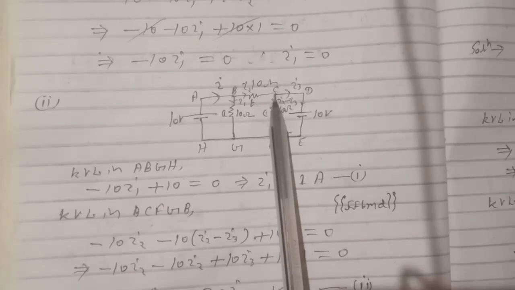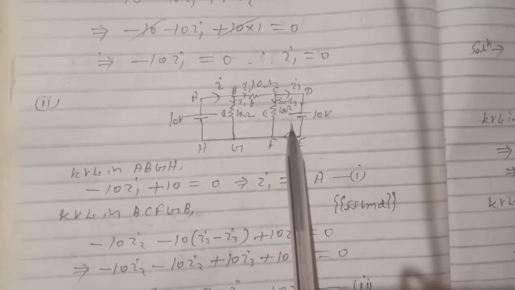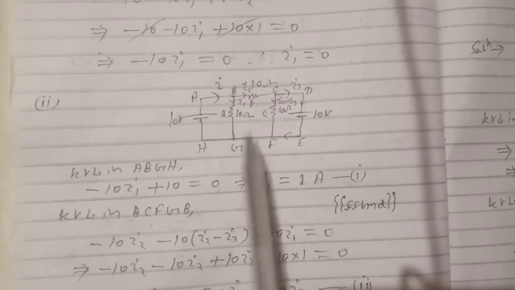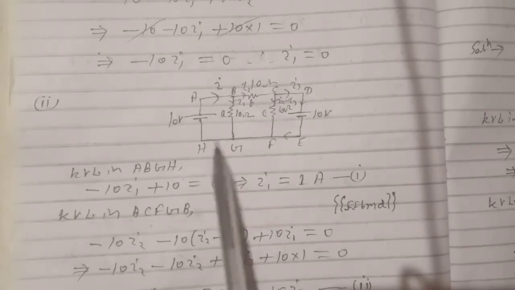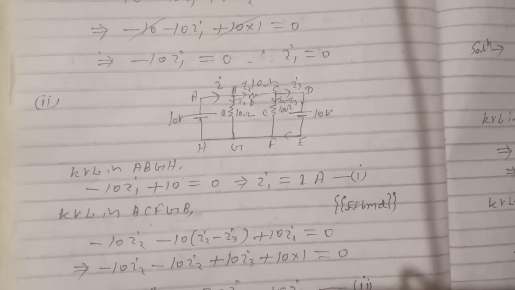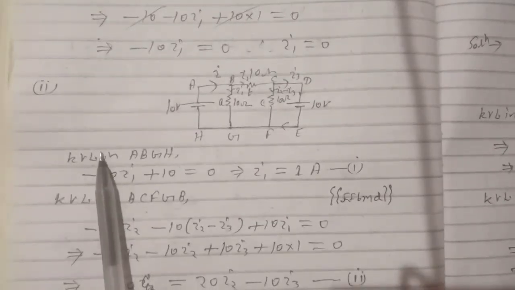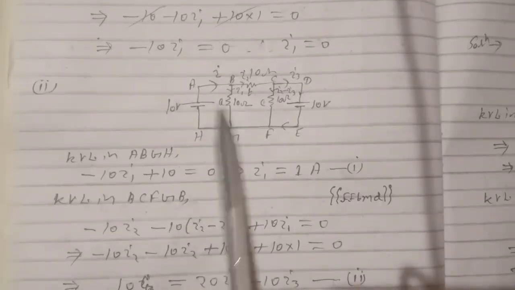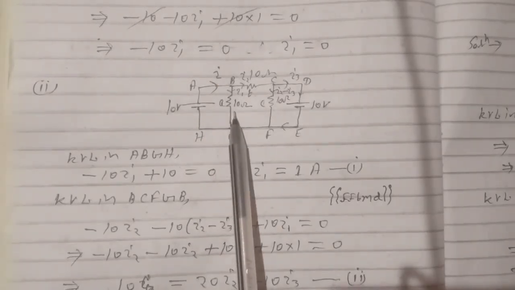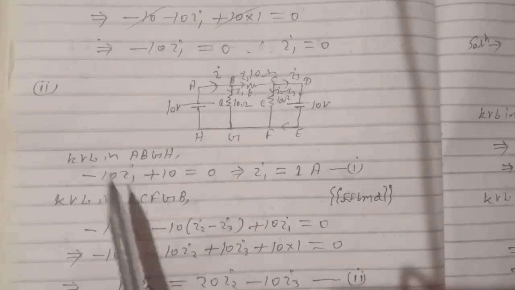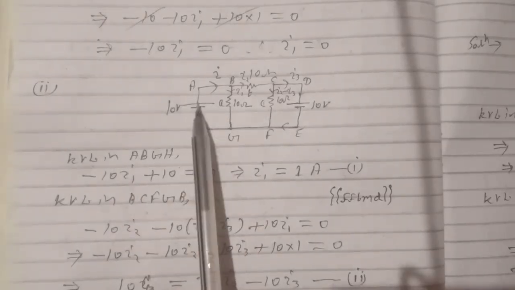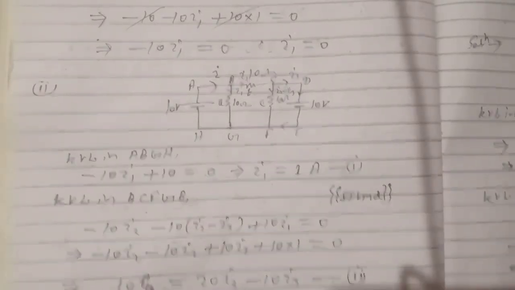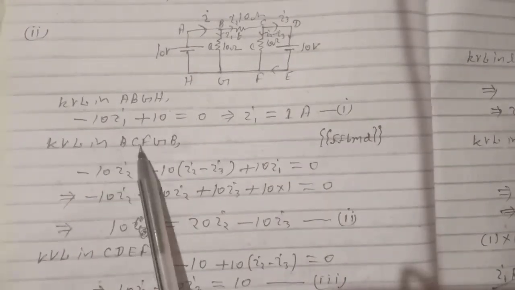Again at this point it is divided into I3 and I2 minus I3, and now this will be I2, and this part will be I. So applying KVL in ABGH, we have minus 10 I1 plus 10, here it is plus 10, equal to 0. This gives I1 equal to 1 ampere.